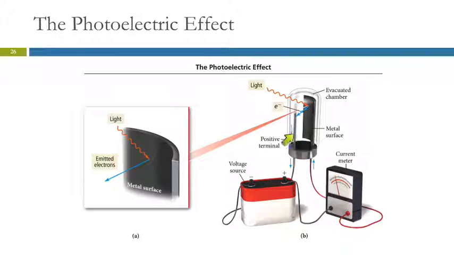We have a positive terminal here, and so when the electrons are ejected by the light, they will fly towards the positive terminal and give us some current that's being conducted, and we can measure that. So the light hits, when electrons are ejected, we collect them and we can measure the current.